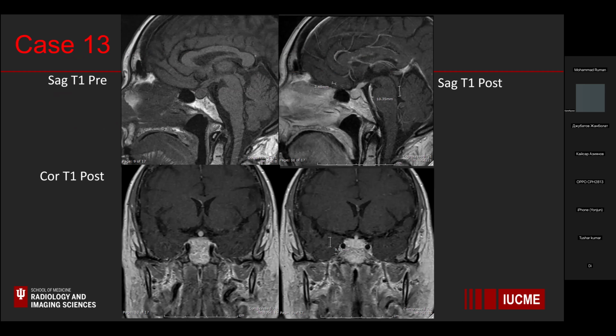All right. Next case, several images: pre-contrast T1, sagittal and coronal post-contrast. You see that the gland is enlarged, but not only is the gland enlarged, the infundibular stalk is enlarged and thickened as well. It's almost 3.5 millimeters. It should be no more than 2 millimeters at best.